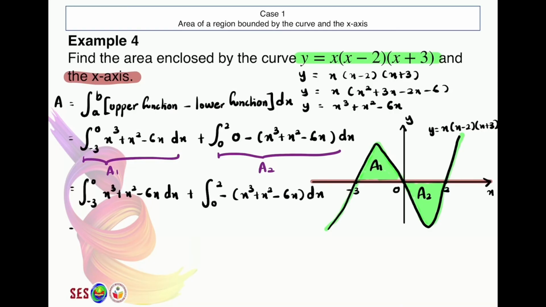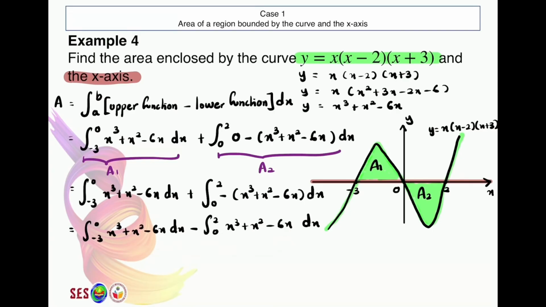We can eventually bring the minus out, so we'll get the integral from -3 to 0 of x to the power 3 plus x squared minus 6x dx, minus the integral from 0 to 2 of x cubed plus x squared minus 6x dx. We can bring the negative out of the integral because this is one of the properties: we can bring the constant out. So we are bringing -1 out, and it becomes these two integrals right here.